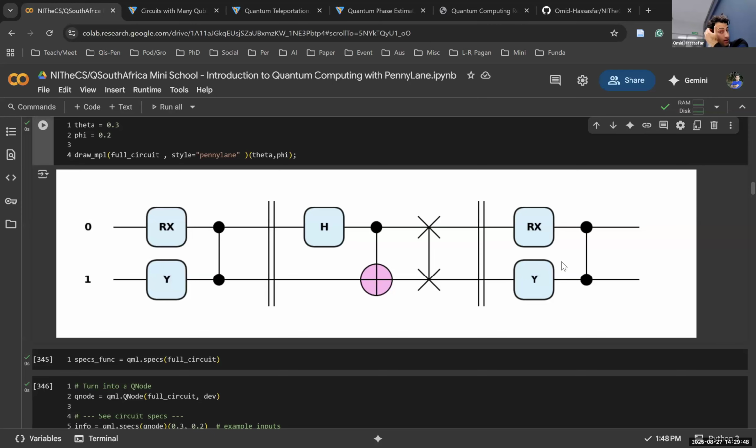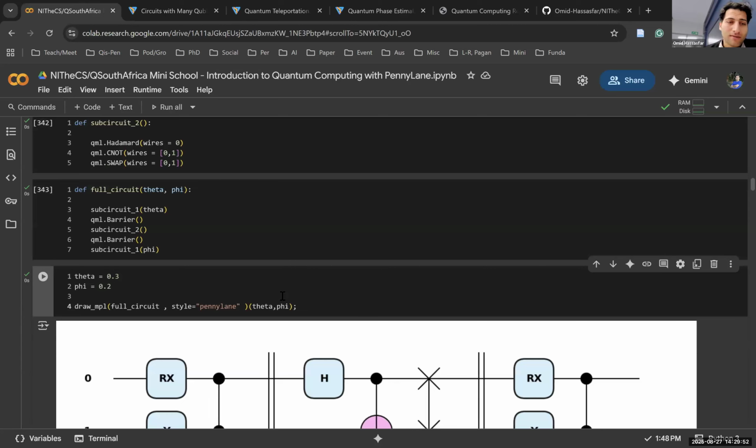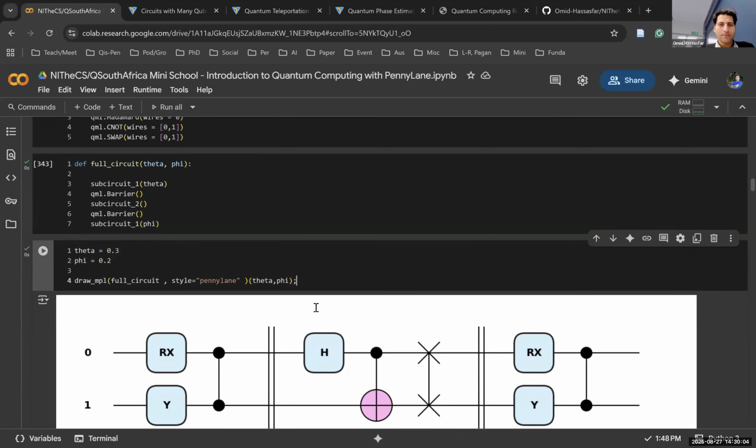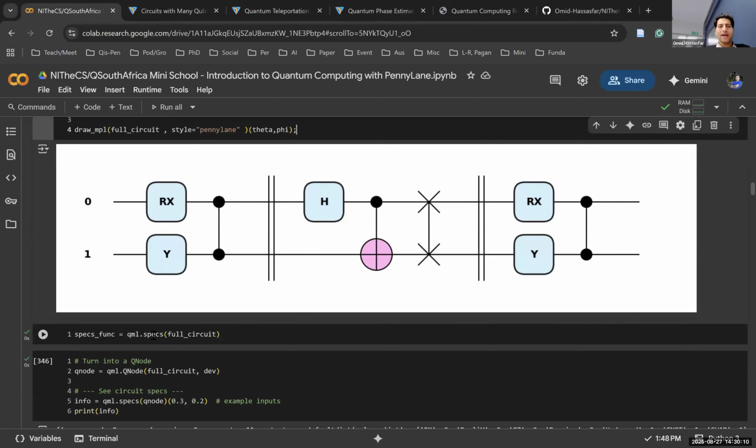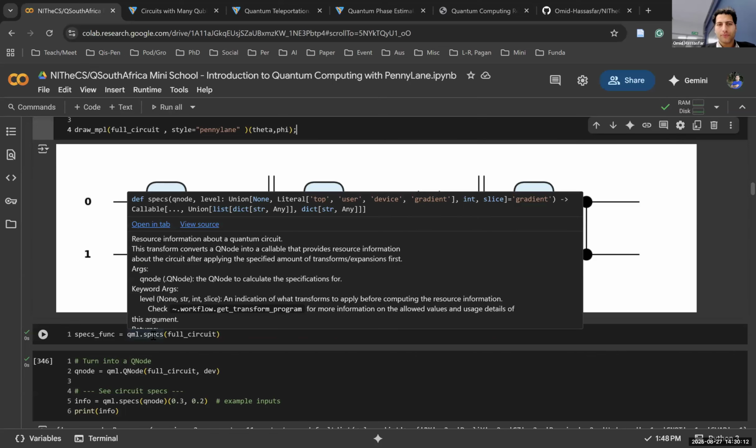One important thing is, when you write a paper in, for example, quantum computing and quantum algorithms, usually people want to check if their circuit is efficient or not. There is a built-in function in PennyLane called qml.specs.